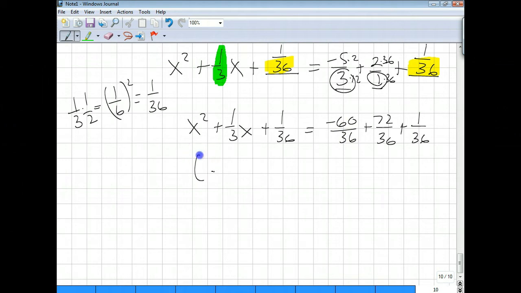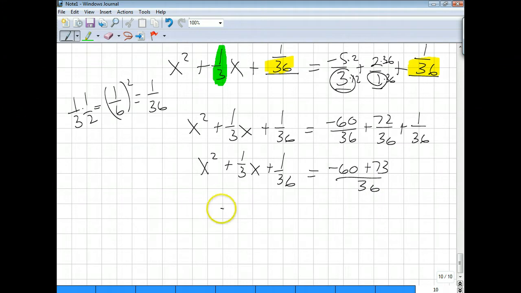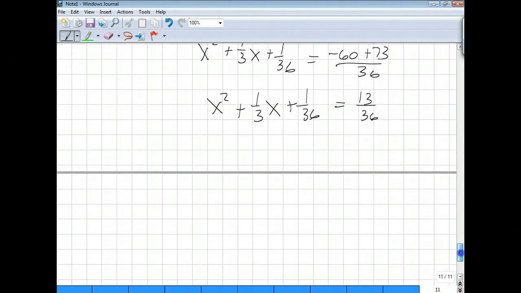So then it's going to be x squared plus 1/3 x plus 1 over 36 equals negative 60 plus 73 over 36. So that's going to leave me a positive 13 over 36. Okay, which reduces down to, well, it doesn't reduce, okay?